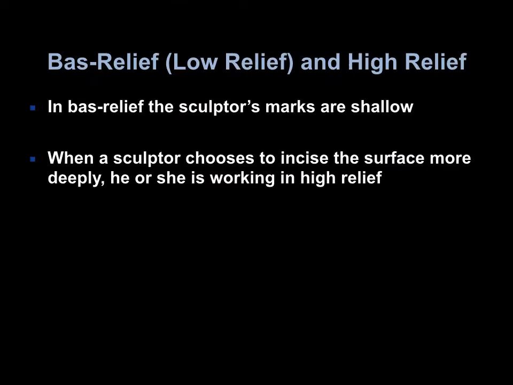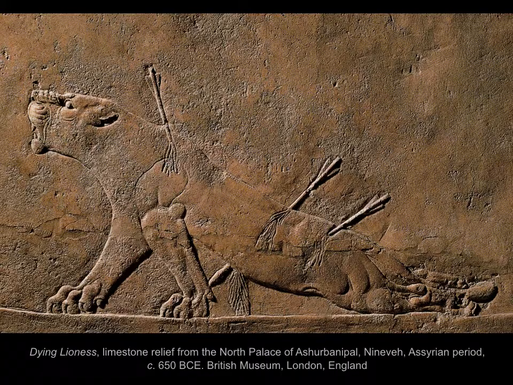In contrast, bas-relief and high-relief sculptures do not encourage viewers to move around the work, but rather to experience the visual qualities from one vantage point. For example, in this scene of the dying lioness, the viewer maintains a frontal vantage point from which to take in the details of the animal as it suffers from multiple arrow wounds.